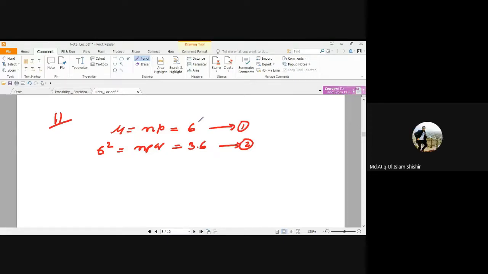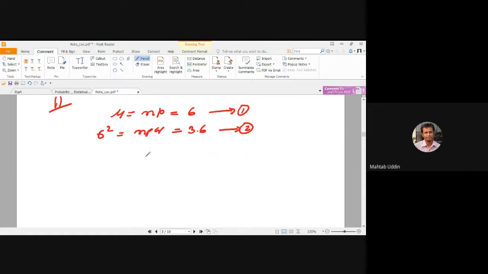Yes, sir. Now, first we are going to find q, because if we divide 2 by 1, here q will remain, and 3.6 by 6 equals 0.6. Since q is 0.6, what is p? 0.4. No problem at all. Now put the value of p in 1.